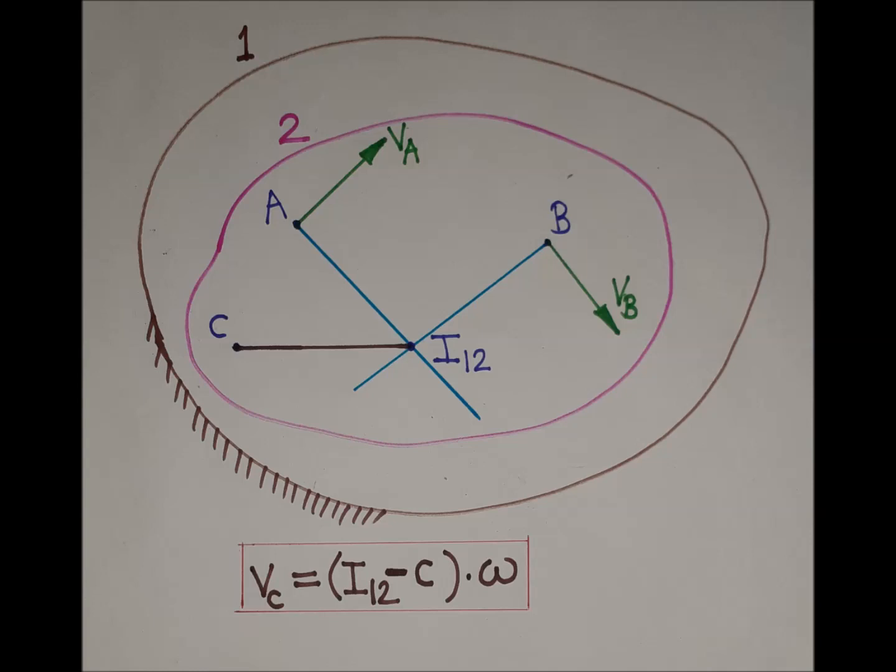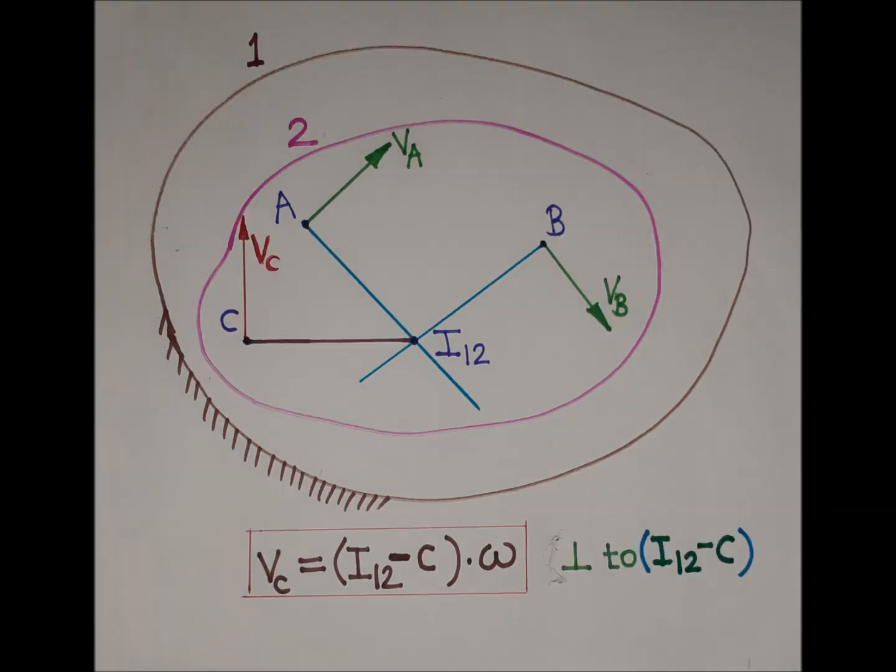So velocity at point C, VC, will be given by VC equals distance between I12 and C multiplied by omega, and it will be perpendicular to I12C in the direction shown on the screen, as planar body 2 rotates in clockwise direction.